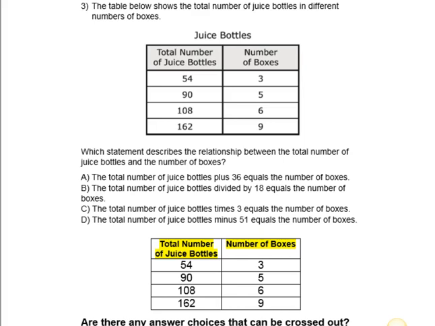All right, let's take a look. So let's take answer choice A. Answer choice A says the total number of juice bottles plus 36 equals the number of boxes. So we're saying that 54 plus 36 equals the number of boxes. Okay, so for A, does 54 plus 36 equal 3?